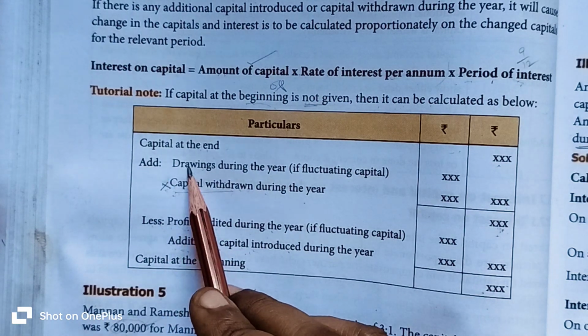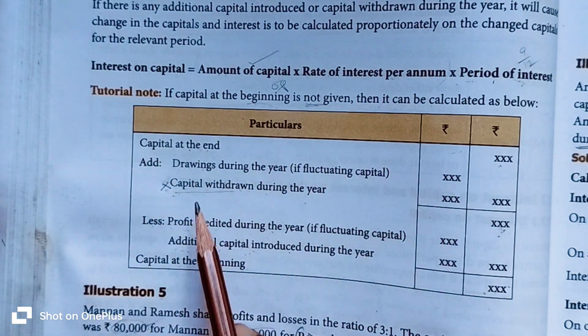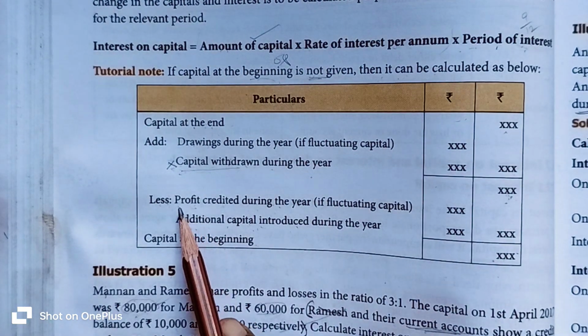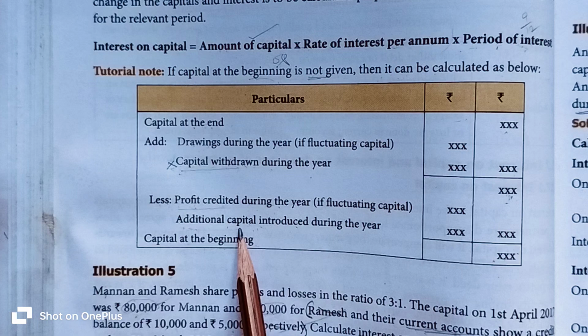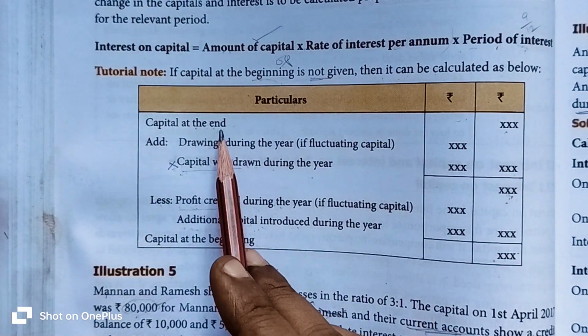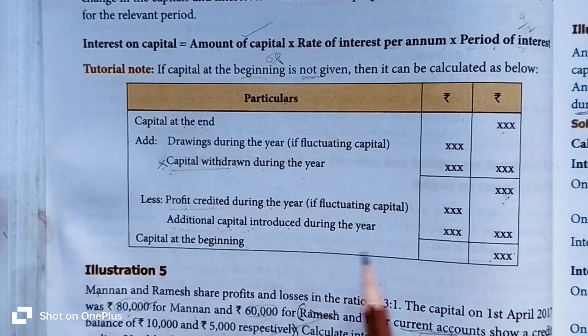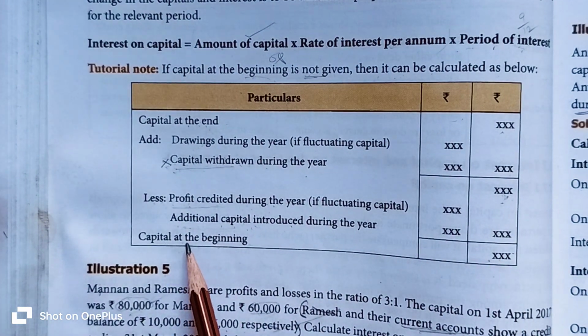So we add drawings to the end capital. From that answer, we subtract profit credited during the year and subtract additional capital. From that answer, you will get the opening capital, that means the capital at the beginning.